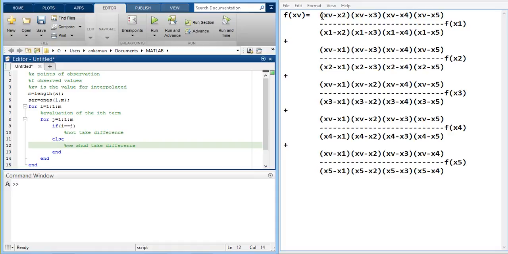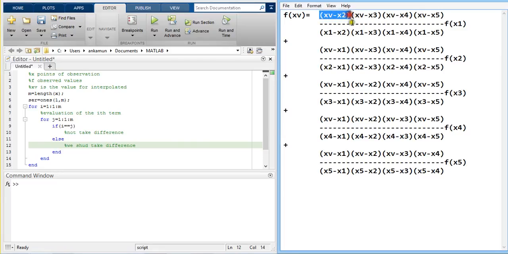The third thing that we should observe is that when we evaluate a difference and divide them, we multiply it with the next set.